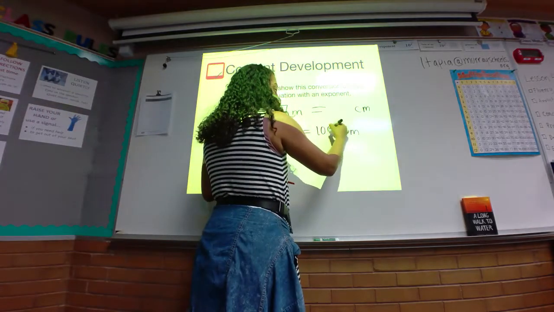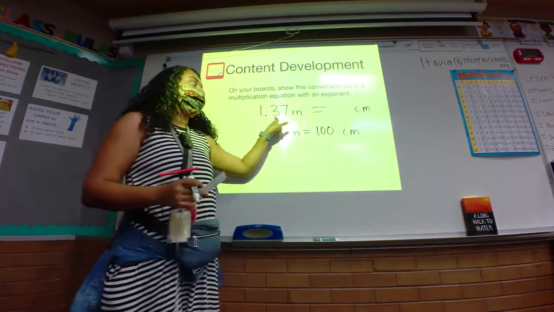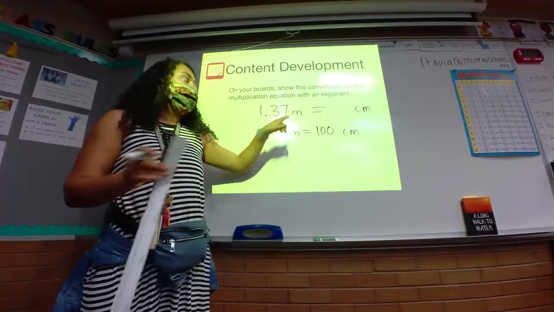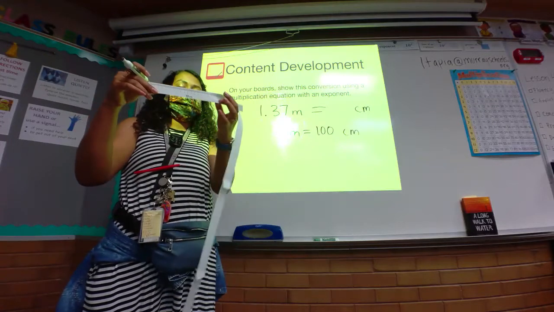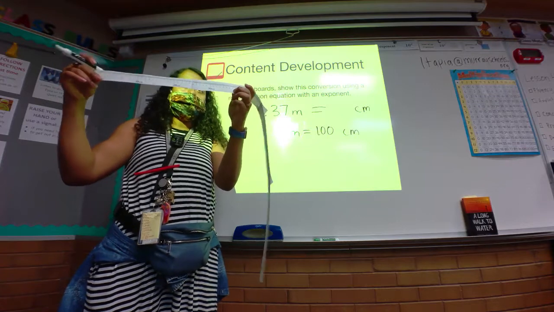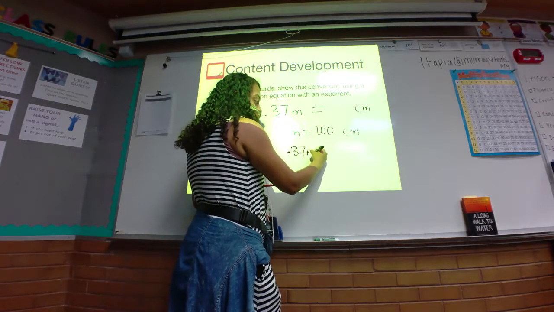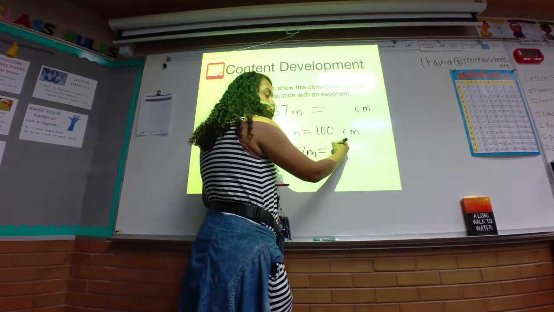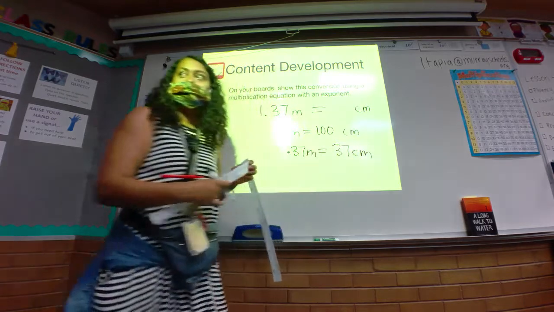Centimeters is right here. Okay. So now 37/100 meter would be how much? 37. So decimal 37/100 meter equals 37 centimeters.